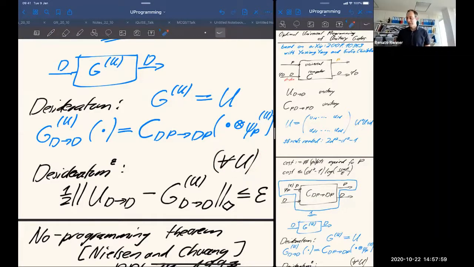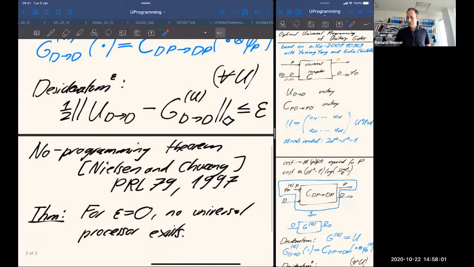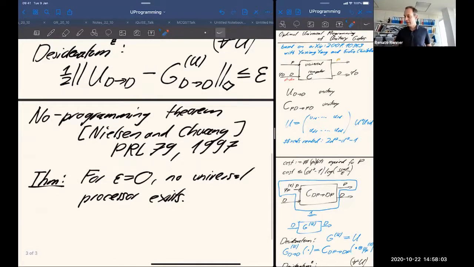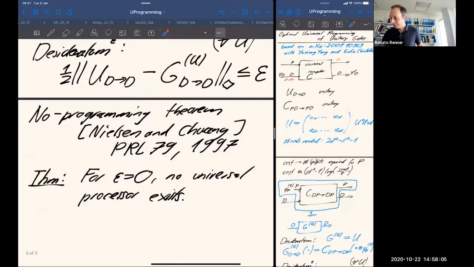Now you may think this is maybe almost obvious for the following reason. Look at this. I told you that a unitary is this continuous object. It consists of d squared minus 1 different real numbers. And of course, if I want to make something exactly corresponding to a real number, I need infinitely many bits to specify it. And if I need infinitely many bits of this, this cannot exist.